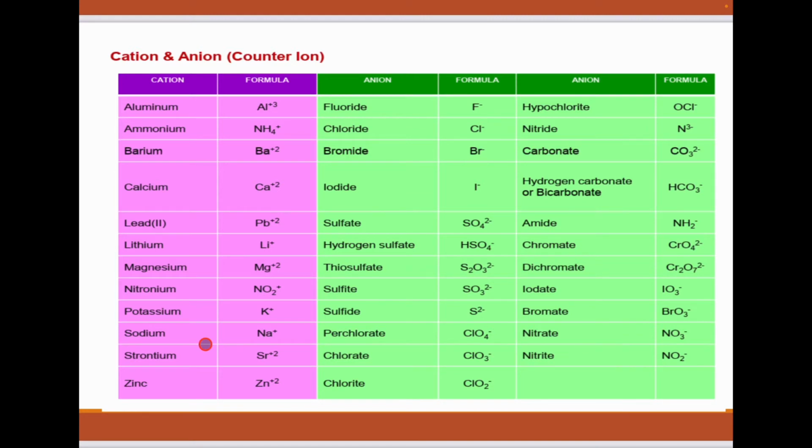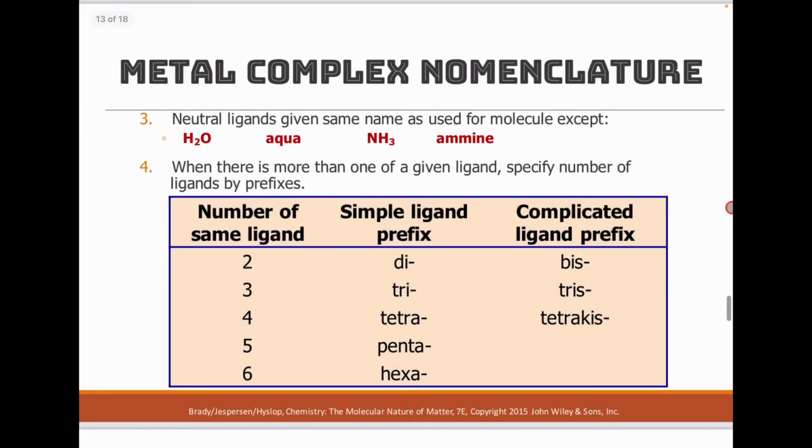This is also an example of the cation and anion counter ion. Metal complex nomenclature: neutral ligands are given the same name as used for the molecule, except H2O is aqua, we do not use water, and NH3 ammonia is ammine.